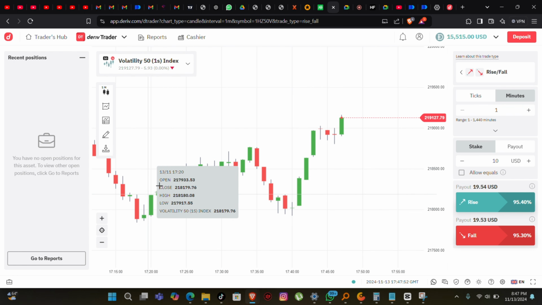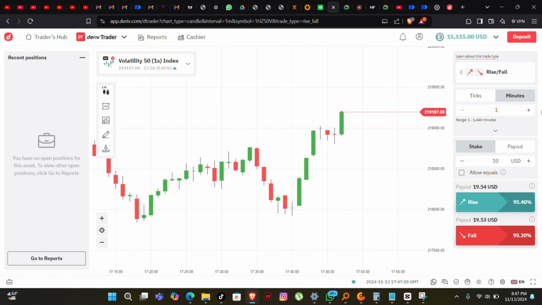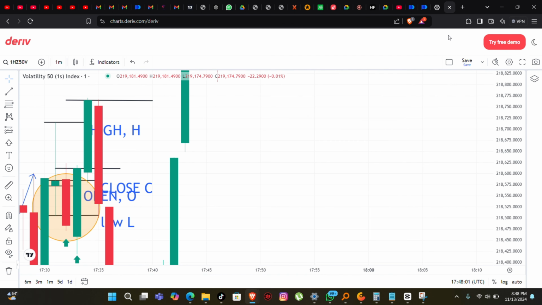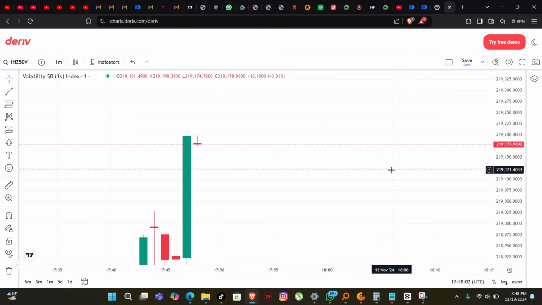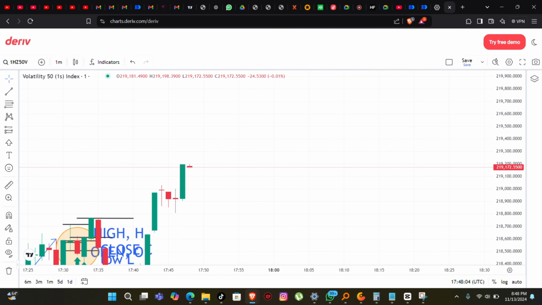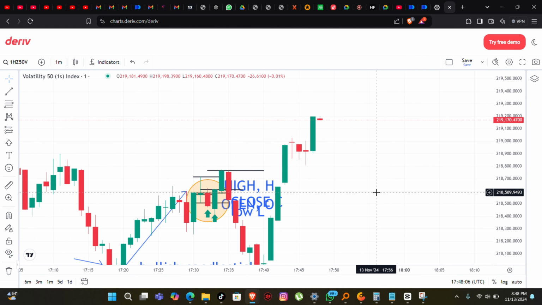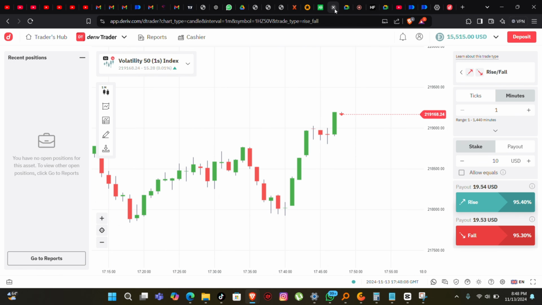From there, you can be able to see the candlesticks. Now you need to confirm that venye hizi candlesticks zinaapia ndivyo zinaapia kwa trading view implementation. So you can switch, look at your trading view implementation, and you can see that it is true. The candlesticks that are forming here are forming exactly the same like the candlesticks that are forming on the other end at your deriv trader.